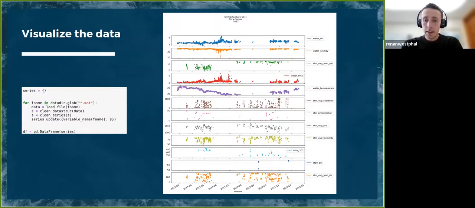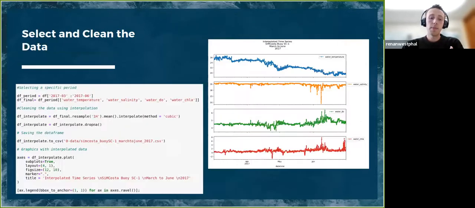And here is the time series that we made for the period, for the year of 2017. There are several parameters, but as you can see, there are a lot of gaps, and we had to work with very little information. That's why we selected a specific period from March to June.